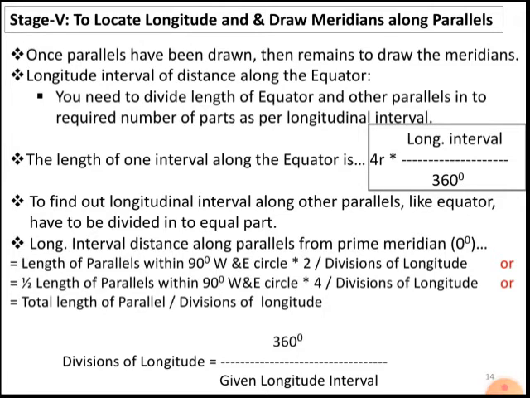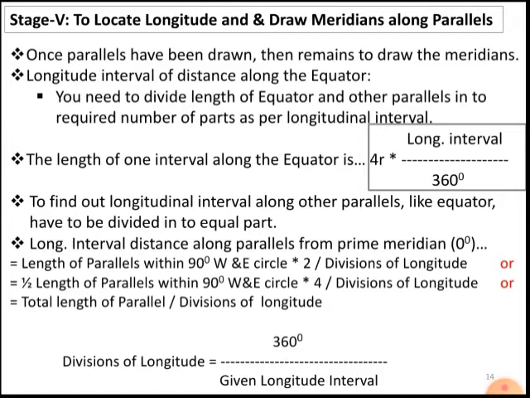Okay. Now, the fifth stage is important, where we have to find out the longitudes and how to draw the meridians along those longitudes which converge at the north and south poles.